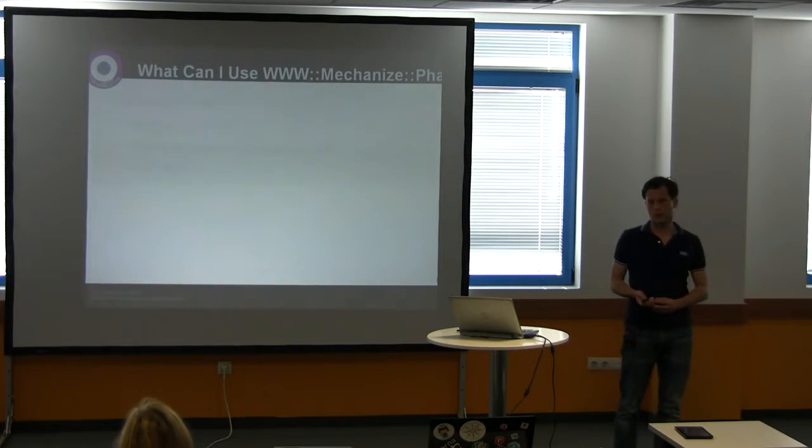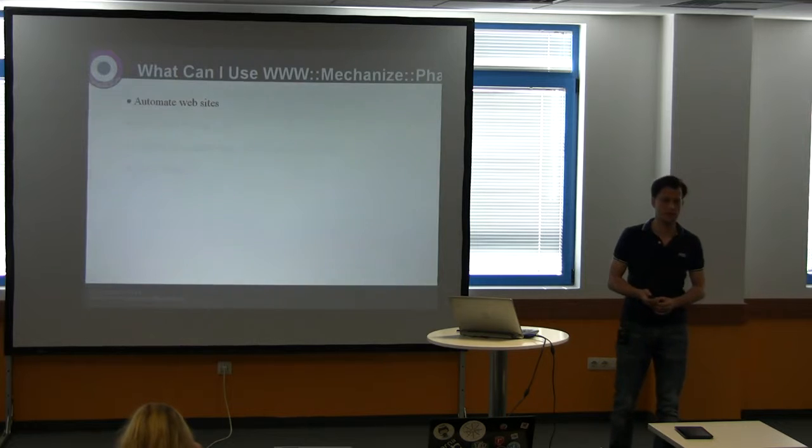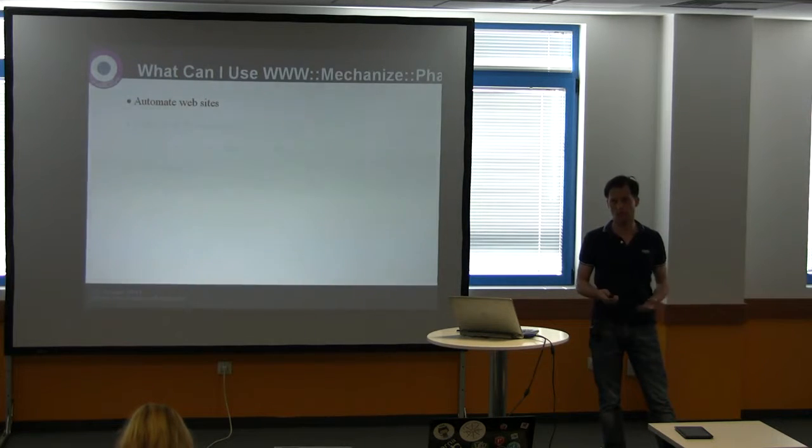I've already talked a bit about where I use it, and you can use Mechanize PhantomJS about anywhere you want to do web automation. You can automate websites with it. I use it for integrated JavaScript tests.